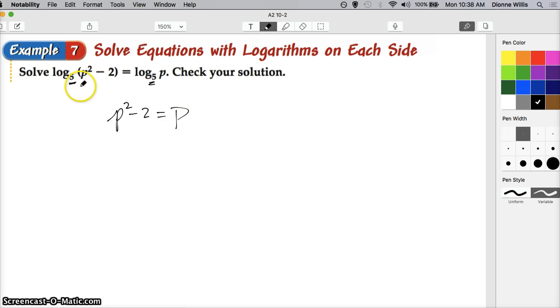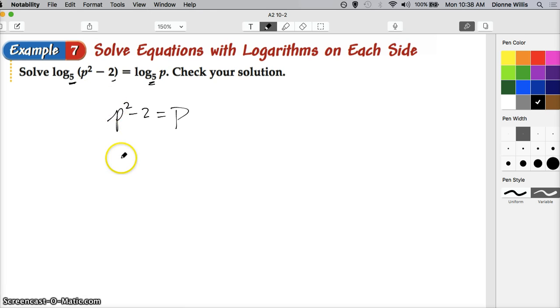Let's think about it really quickly. Remember, this is an exponent. This refers to an exponent such that when I raise 5 to it, I get this number. But the fact that these are equal means when I raise 5 to that same exponent, I get this number. Therefore, these two numbers must be equal. All right, I know that was a bit of a mouthful.